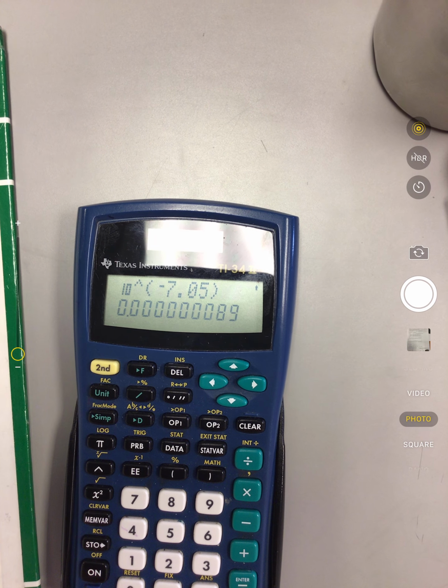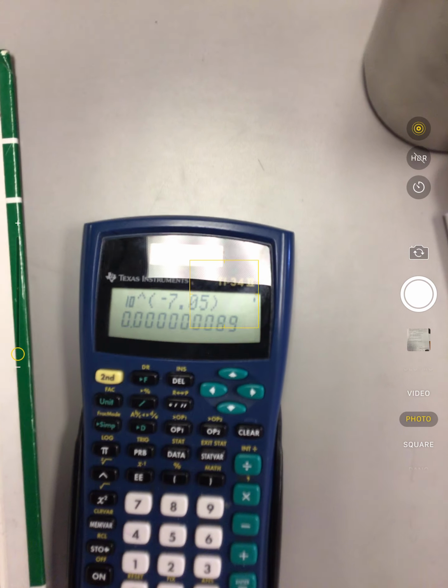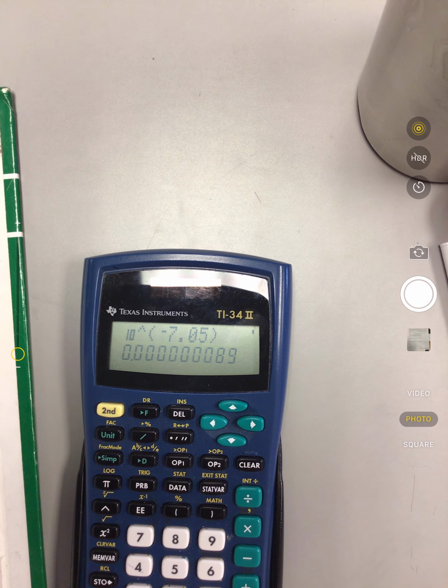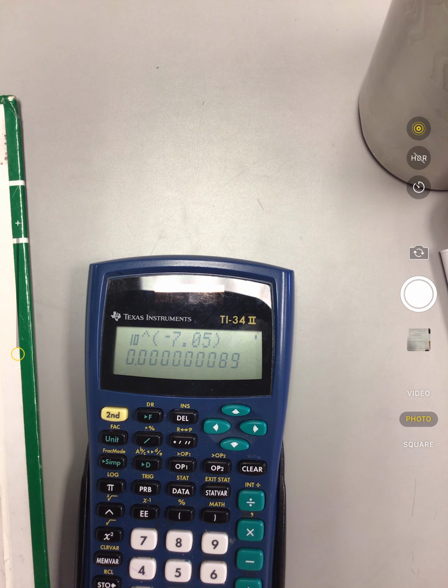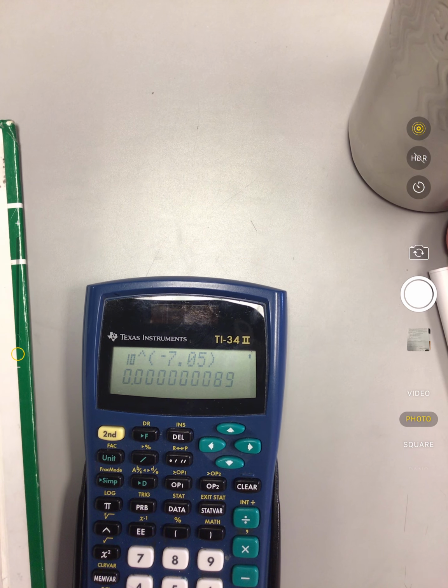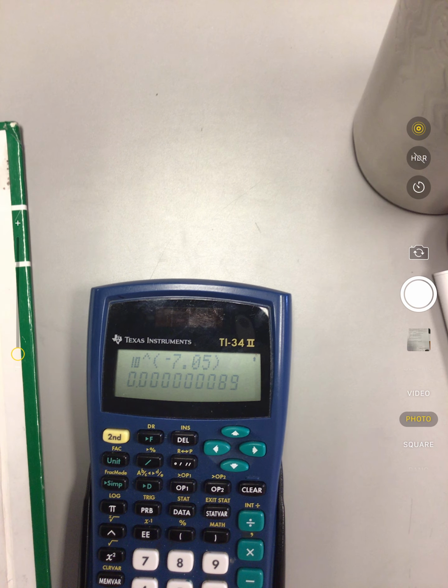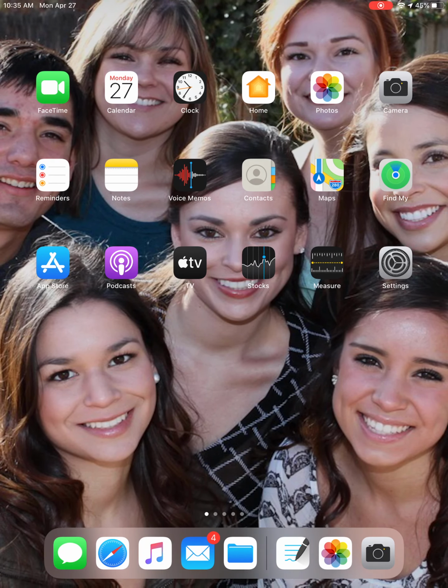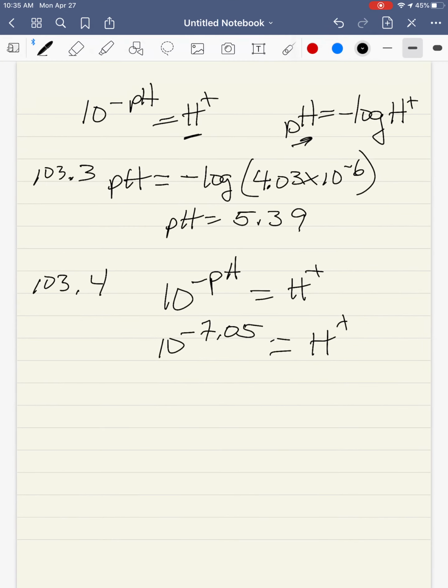And so the concentration of hydrogen ions is 1, 2, 3, 4, 5, 6, 7, 8. Wait, how many zeros? 7 zeros, 8, 9. All right? We're going to write that in scientific notation. So we have to move it over here.